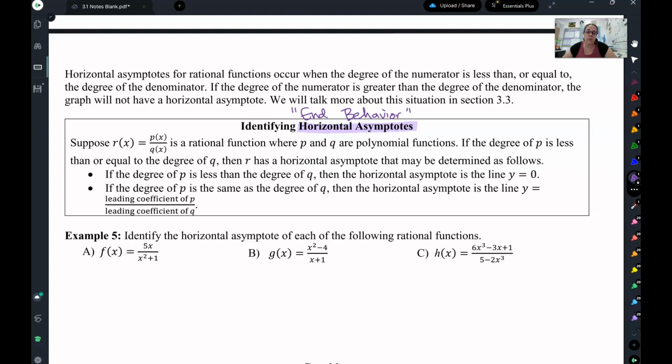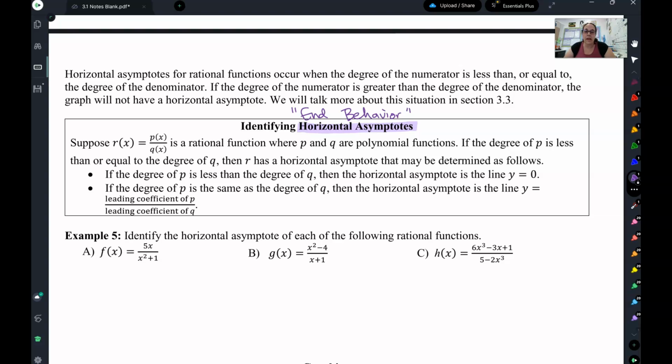So that's why I don't really like to call them asymptotes, because in my head, you can't cross an asymptote. So instead of calling it a horizontal asymptote, I usually refer to it as end behavior because it's talking about what the ends of the graph are doing. It has nothing to do with what the middle of the graph is doing. It's only about what the ends of the graph are doing.